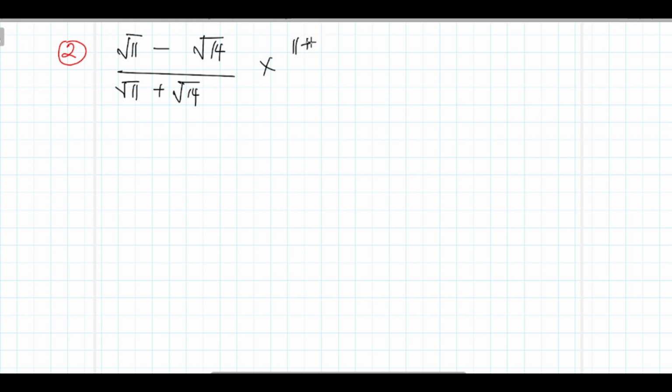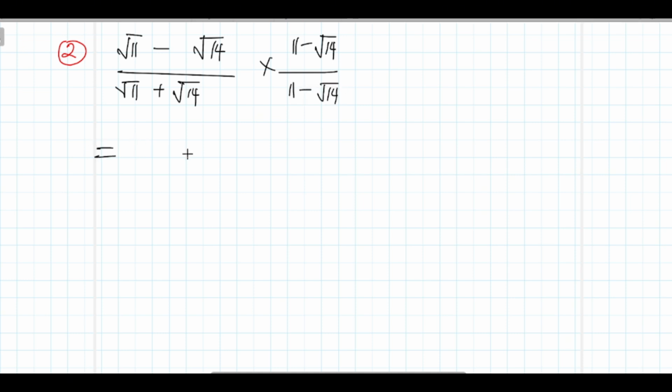So write with an integer denominator, that is, rationalize the denominator of this sort. So let's see this example number 2. Square root of 11 minus square root of 14 all over square root of 11 plus square root of 14. So to rationalize, multiply by the conjugate of the denominator. We have square root of 11 minus square root of 14 all over square root of 11 minus square root of 14.